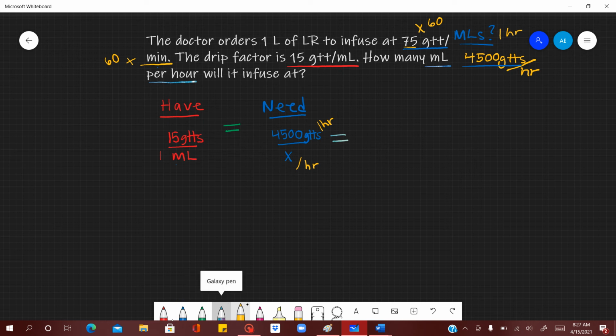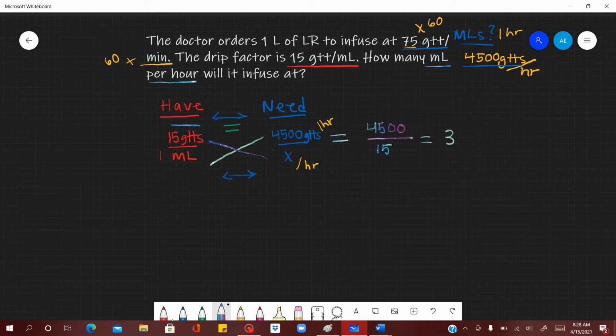And a proportion is set up so that the drops, the numerators equal each other, and the denominators also equal each other. So we're going to cross multiply. We're going to go 4,500 times 1. And we get 4,500. And then we're going to divide by whichever number is hooked up to our X. That will always be your denominator, the number that you divide by.